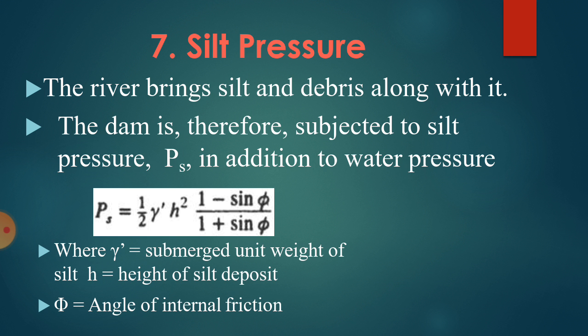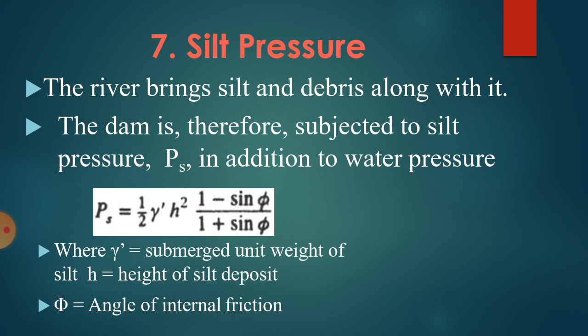Now the next force that is acting on the dam surface is the silt pressure. Practically all the streams carry silt along with the water, which during floods may be in enormous quantity. So the river brings the silt and the debris along with it. The dam is therefore subjected to the silt pressure Ps in addition to the water pressure.